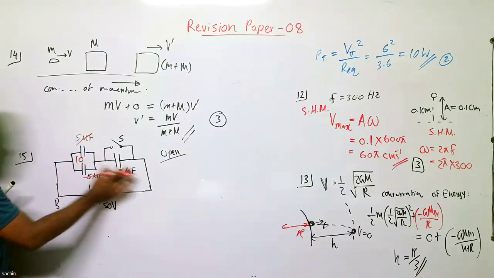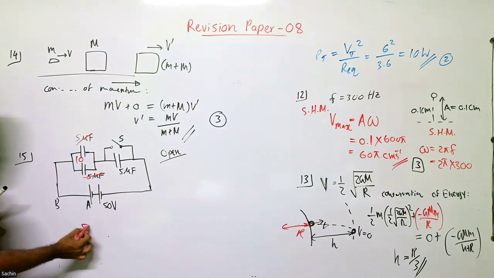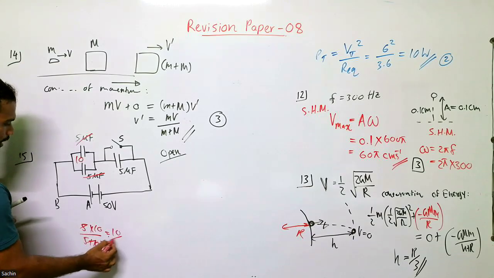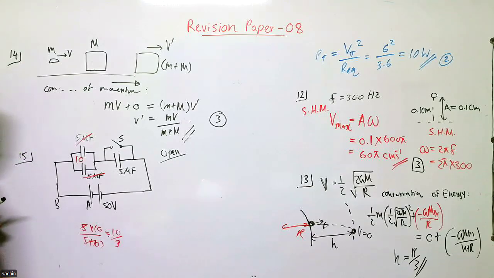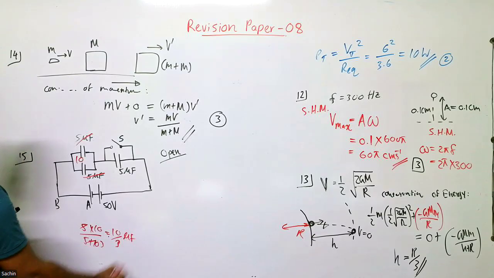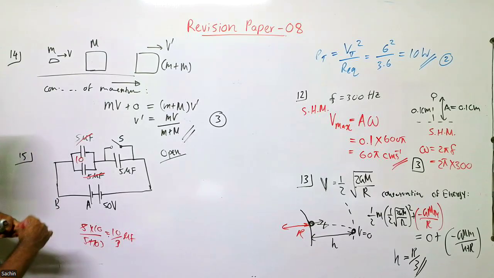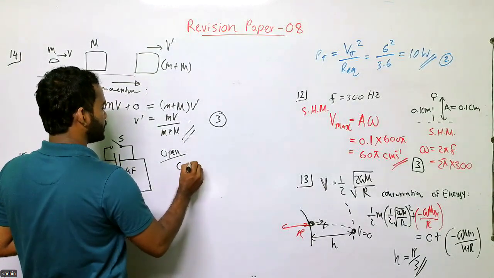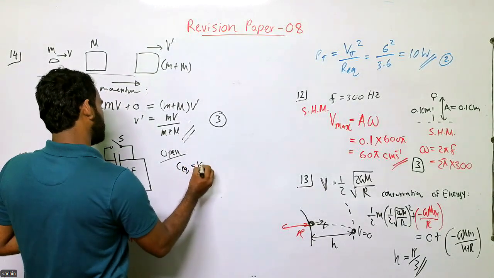When they are in series, that is product divided by sum, you can do it. So that will be 10 over 3, right? Microfarad, 10 over 3. That is when the circuit is open. So the equivalent is 10 over 3.